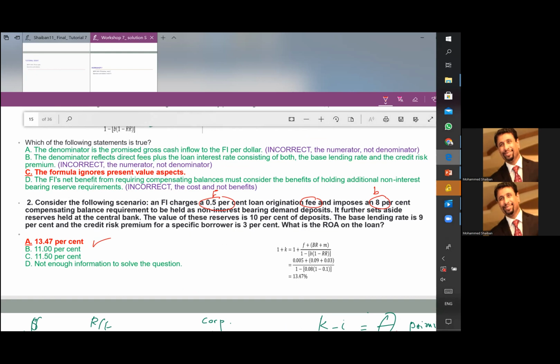The reserve for the bank is 10%, which in Malaysia is now 2%, as I told you; here it's 10%. This is the R. And then the basic lending rate is 9%. This is the PR, the basic lending rate. And the credit premium for the specific borrower is 3%. And this is the premium, 3%.